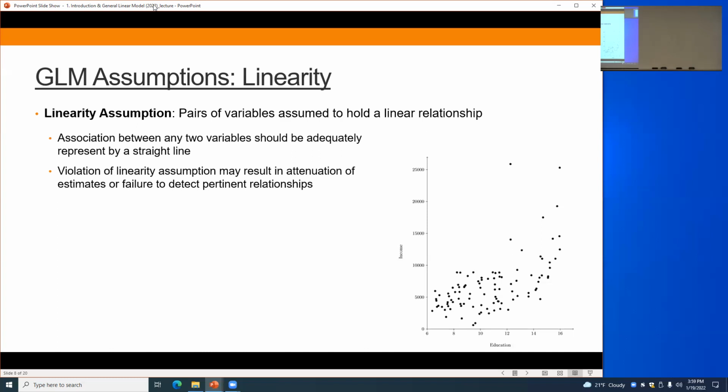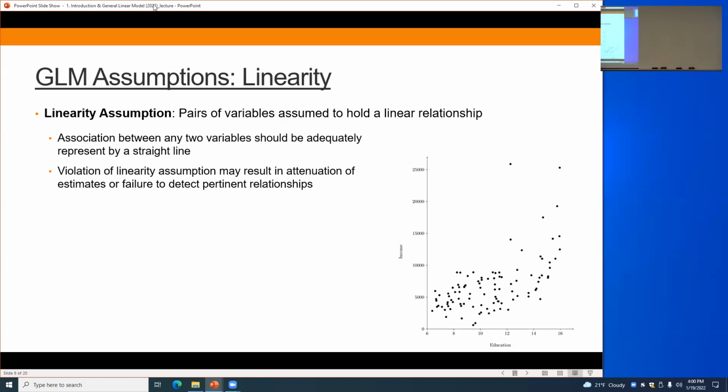But something like that, now, this is just one sample. If I got another sample, it could look different. But at least if these data are good, and I trust these data, it looks like a curvilinear function might be better. The problem, if I don't account for that, is that if I draw a line here, that line says these things are kind of related, right?